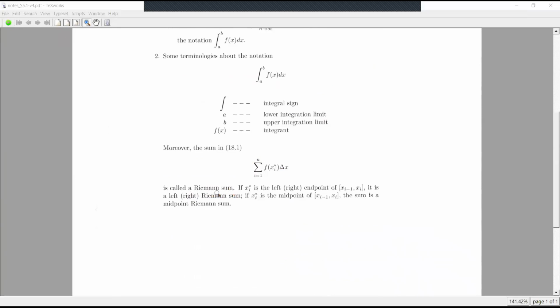Riemann is the name of a mathematician who generalized these 4 steps to find the area of a region. So we name the sum after Riemann.